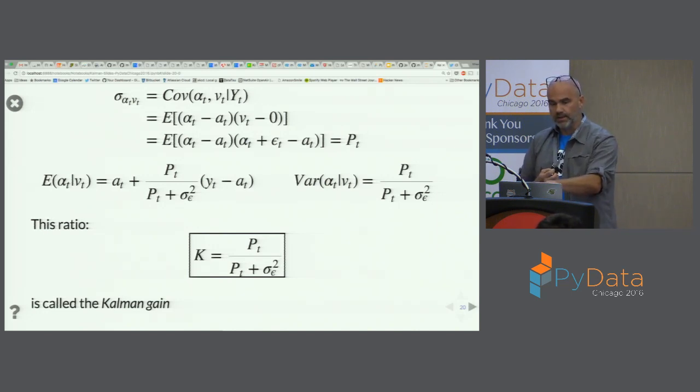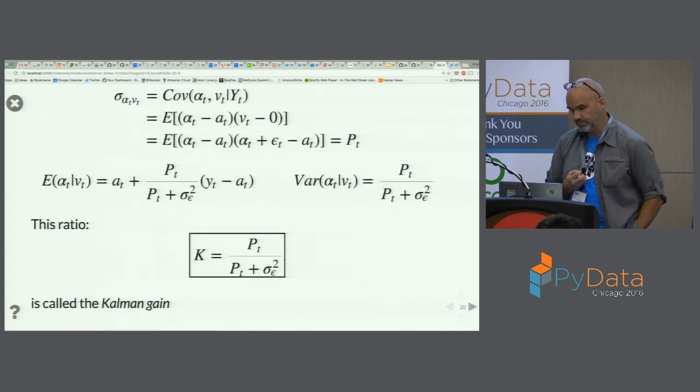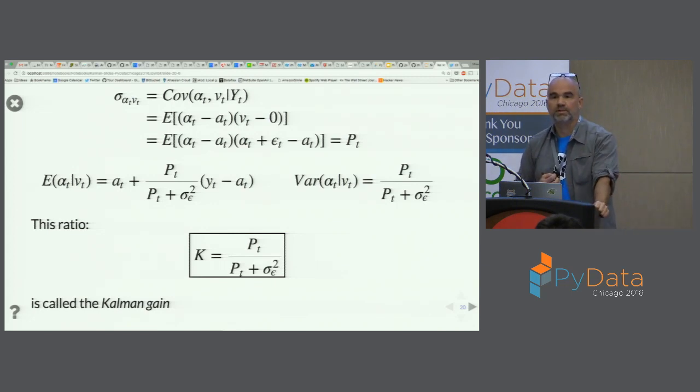And you'll see that this particular ratio, PT over PT plus sigma epsilon squared, comes up twice in these equations. That ratio is called the Kalman gain. And I put a box around it because it's kind of the key idea in the Kalman filter.